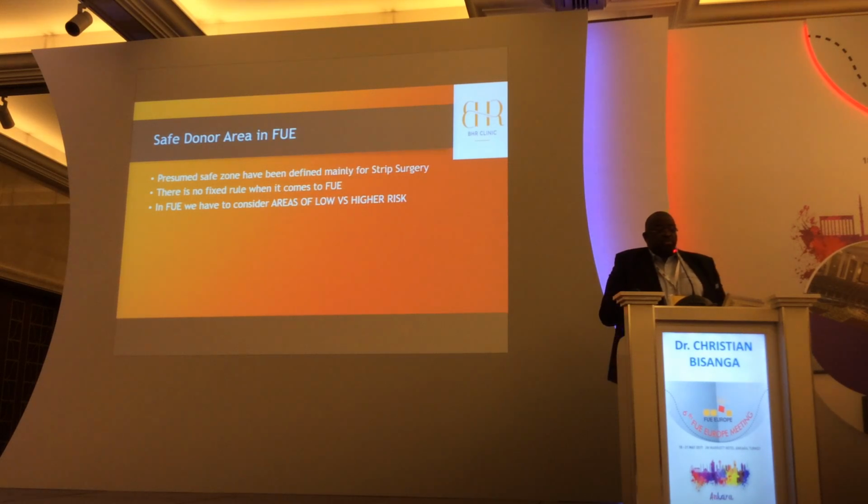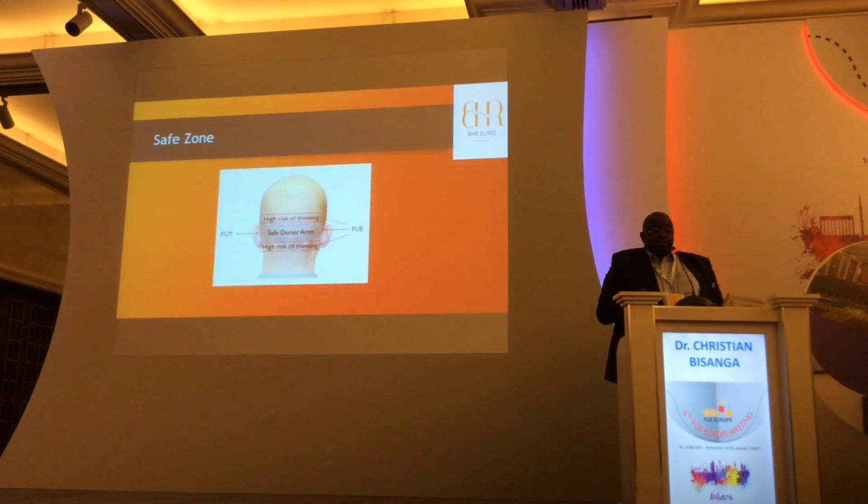So it's important to know that there are areas where you can be safe and areas where you have a higher risk of AGA involving the donor area. So patients need to be aware that if a certain number of grafts is achieved, they might lose in the long run some of those hairs because they may be affected by hair loss.